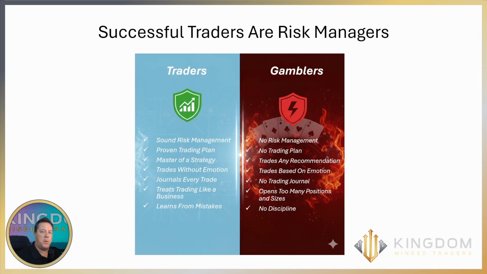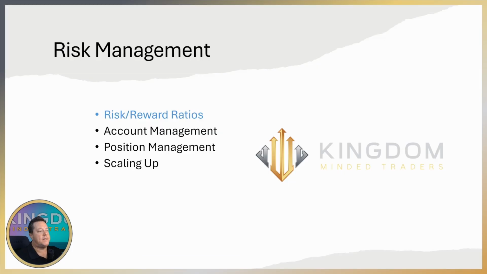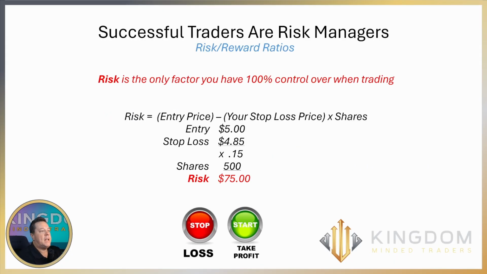So the first thing we want to get into in this class to understand how to manage risk is our risk to reward ratio, our R&R. When you start learning day trading, there are going to be different terms that you're going to learn, and this is one of them. So we need to understand, successful traders, if we're managing risk, we need to understand this. This is a really important key.